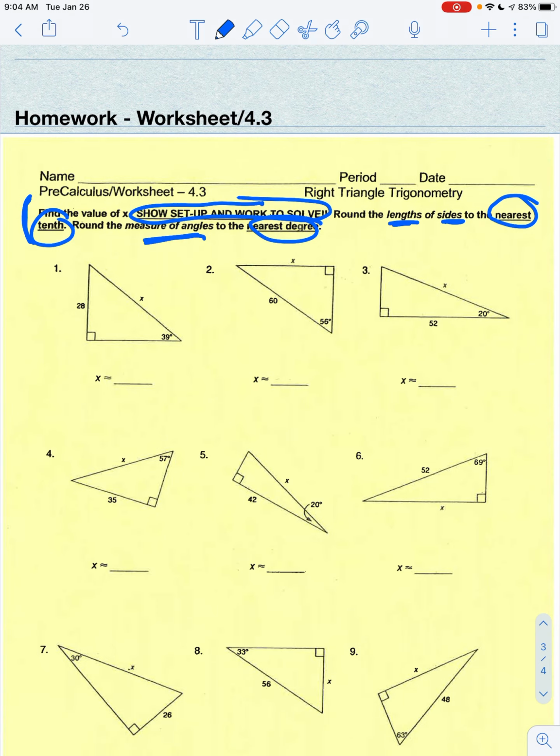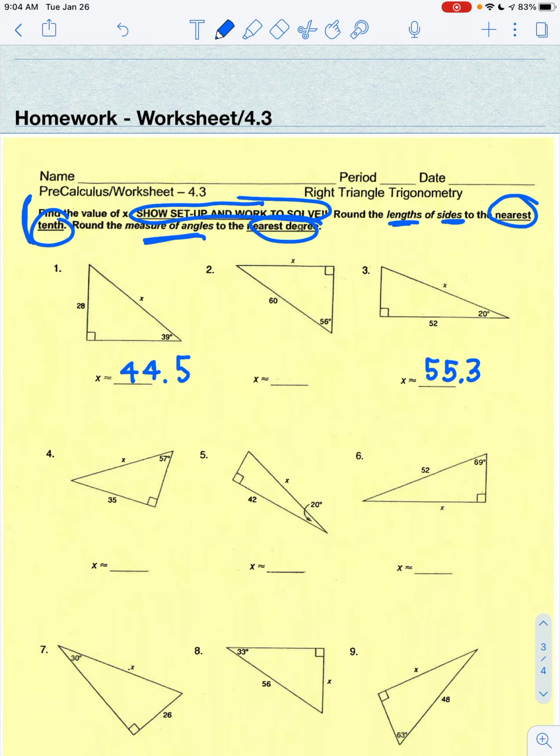So for instance, just so you can know you're doing these right, in number 1, when you go to solve it, you should end up getting 44.5. And let's try number 3. You should end up getting 55.3.